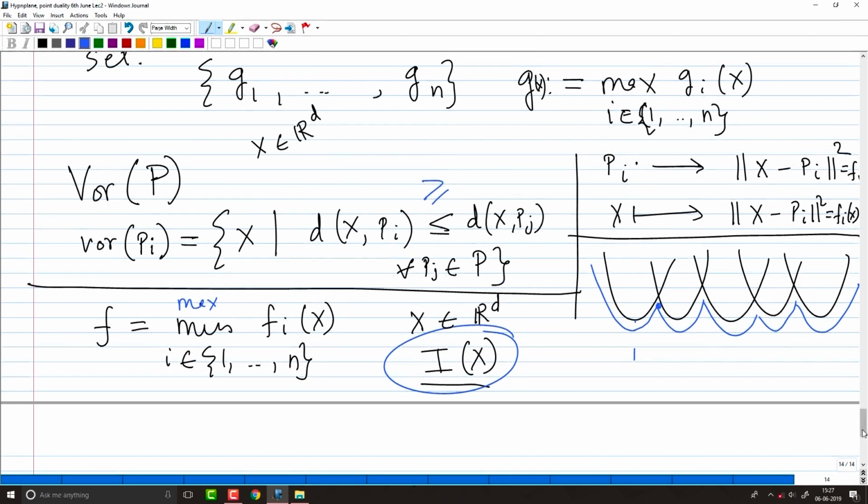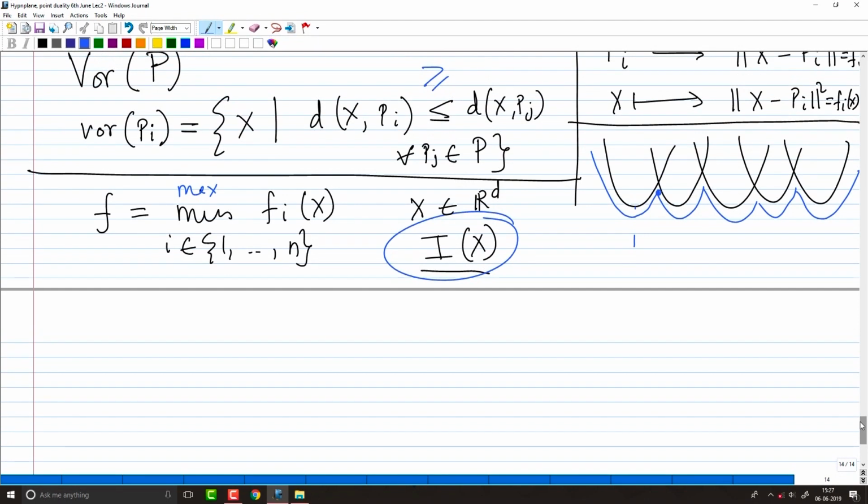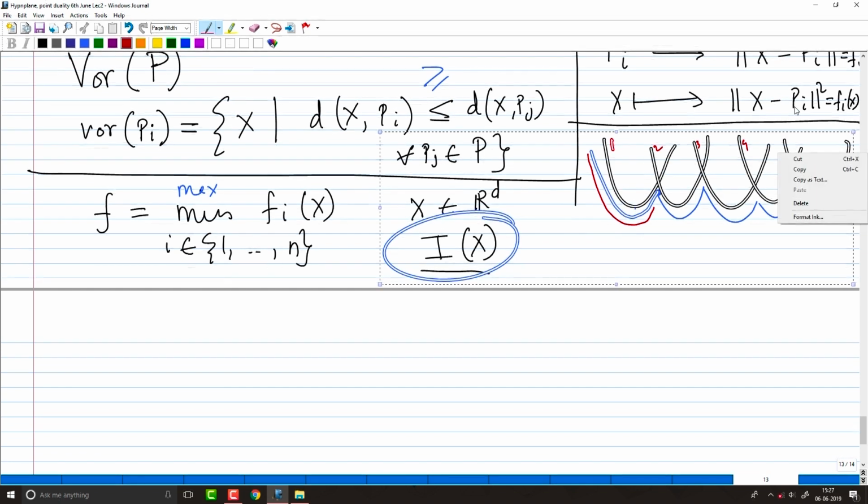Okay, even before I do that, let us look at this diagram itself. So have a look. What will be the label of this part? So let us call this 1, 2, 3, 4, 5.